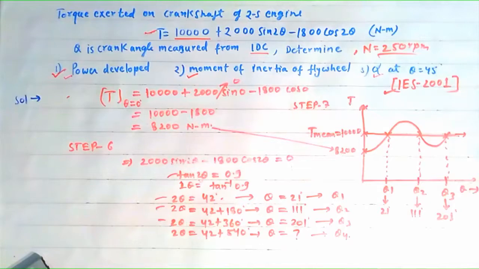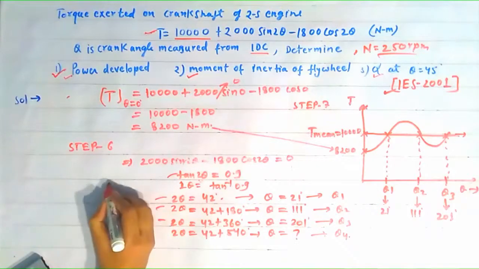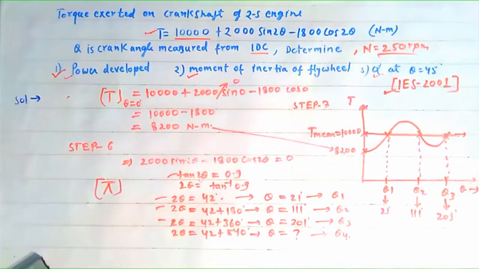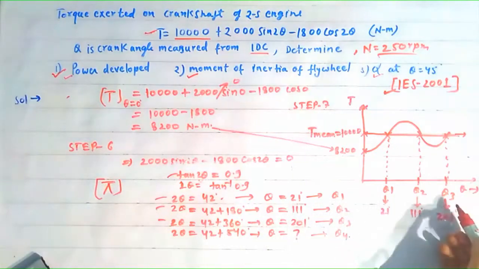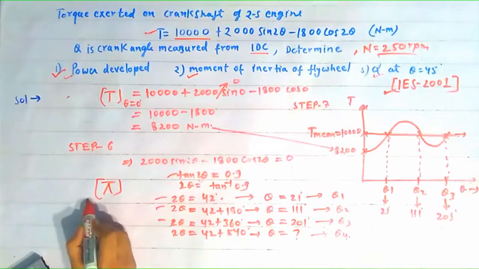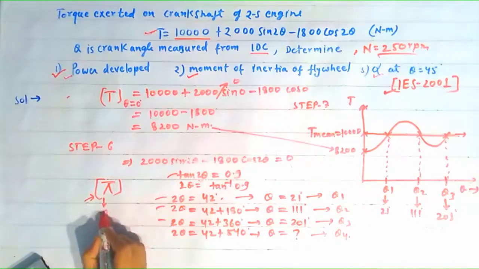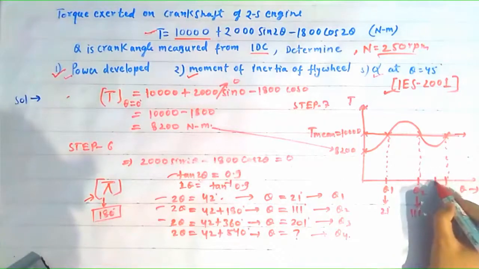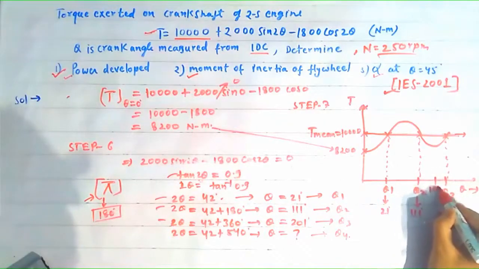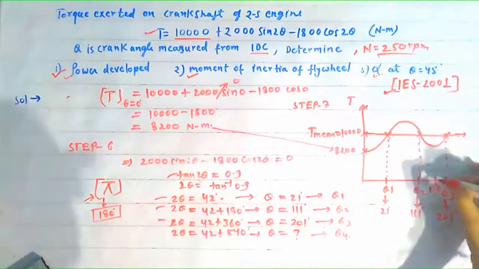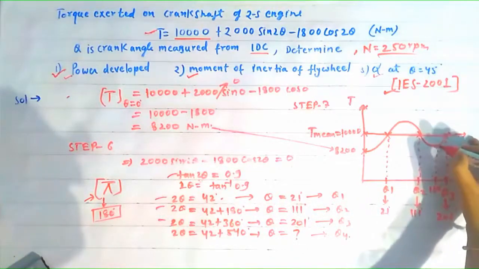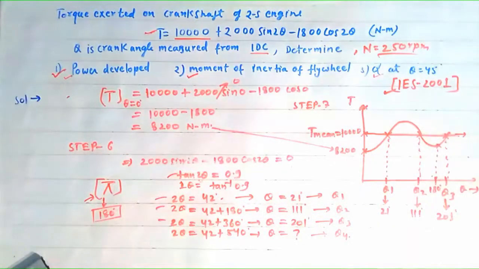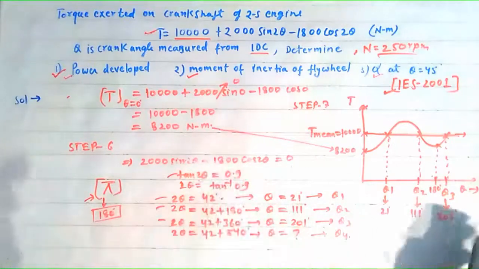Now friends, we know that our time period as calculated from step number 1 was pi. So we do not need this graph up to theta 3, we only need this graph up to pi, that is 180 degree. That is our main concern. So I will plot 180 degree, it will lie somewhere here. This is 180 degree, and draw a dotted line over here and rub out the rest of the portion of the graph.